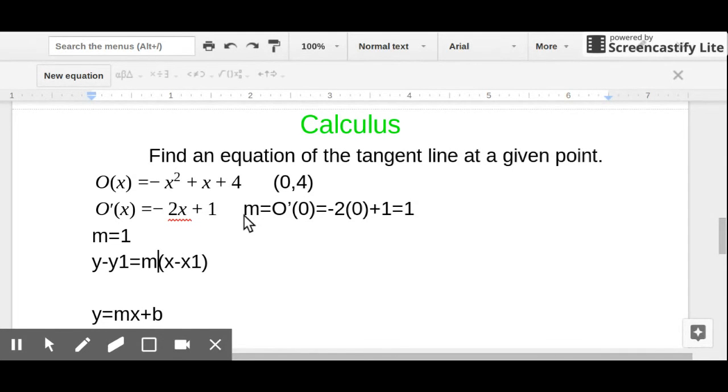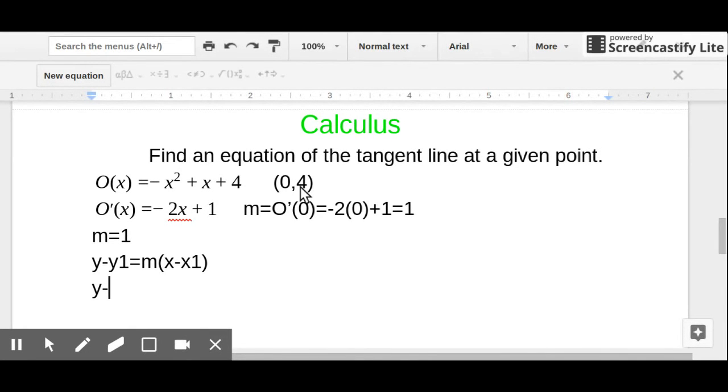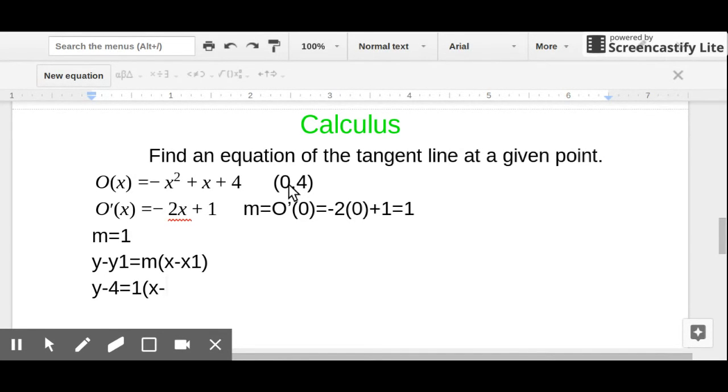I was just going to write the form out first. So we have y minus, our y of 1, which we're calling 4, is equal to our slope, which was 1, times x minus our x of 1, which happens to be 0.